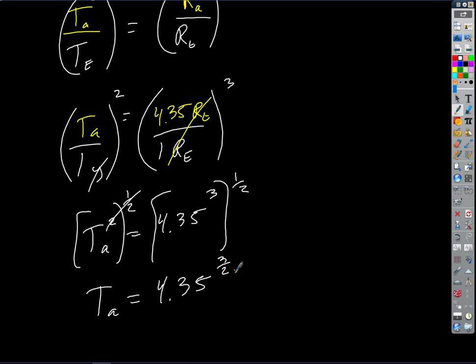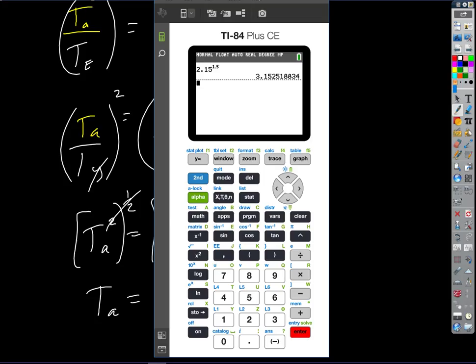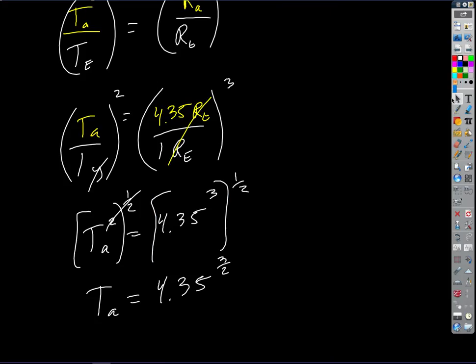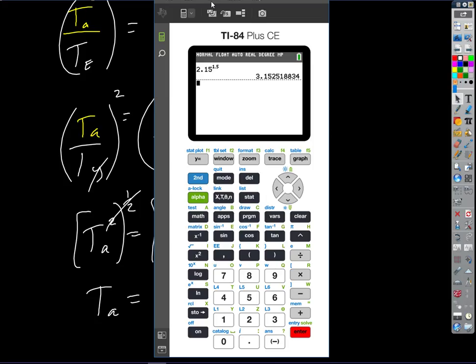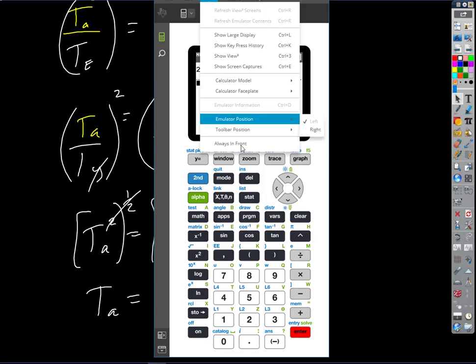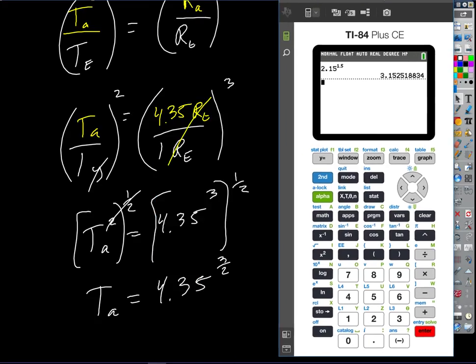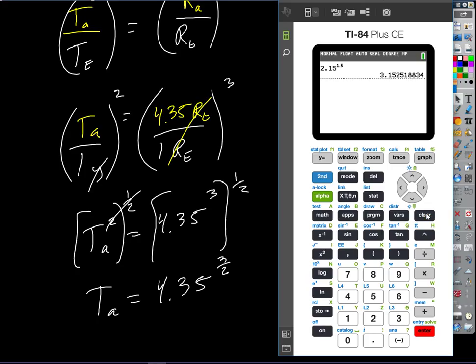So all we have to do here is pull up our calculator. 4.35 to the 3/2, which is just 1.5.